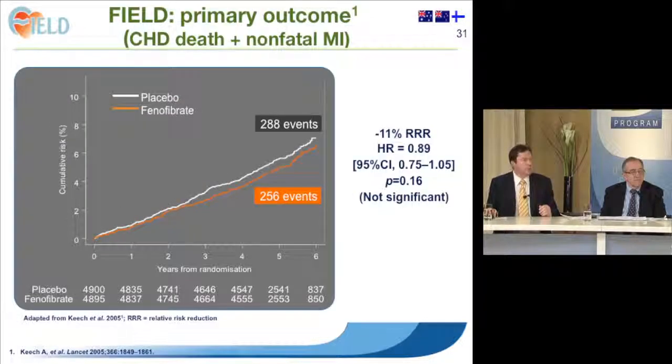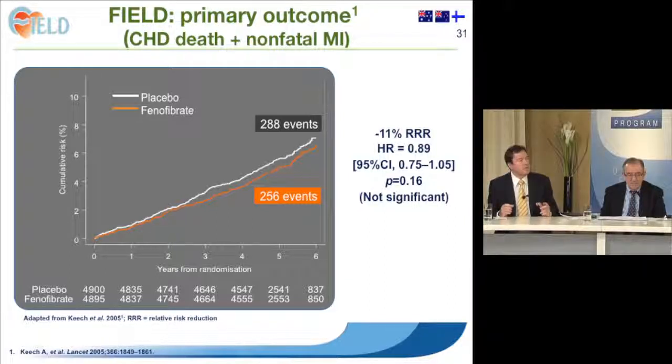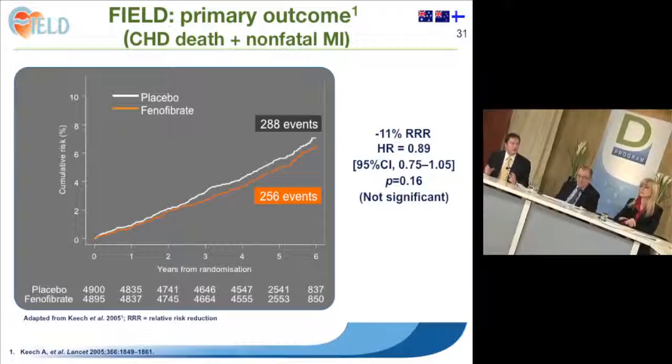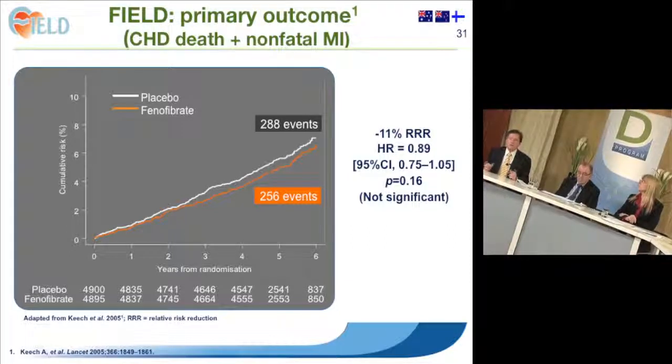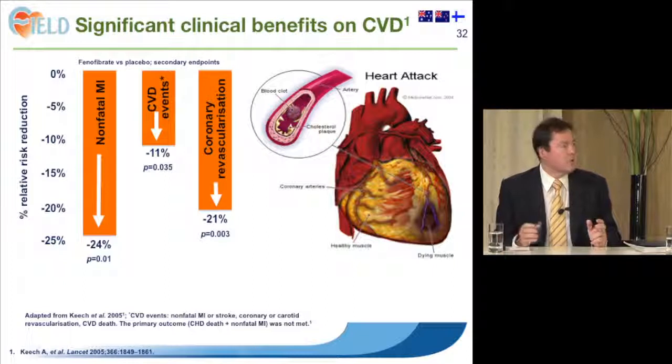Well, that's exactly right, Alberto. That turned out to be the case. It's important to remember, of course, that just like in the ACCORD trial, in FIELD the primary endpoint of the study was negative. It was in favour of treatment with an 11% reduction in the primary endpoint, but this did not reach statistical significance. In fact, there was a significant reduction in non-fatal myocardial infarction of 24% with a p-value of 0.01, but no significant difference in coronary death.